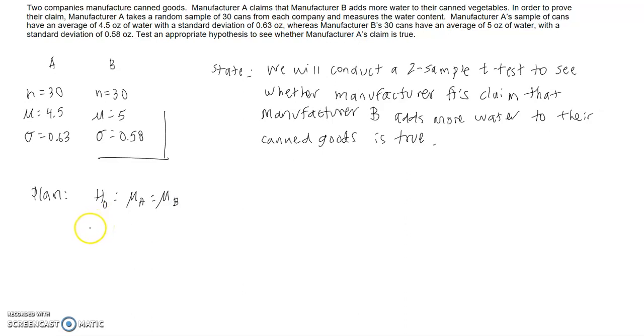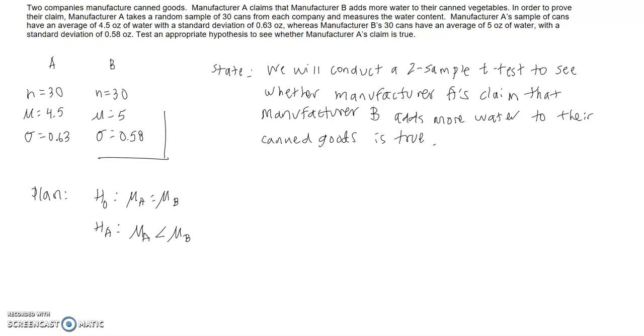And our alternative hypothesis, which is what manufacturer A is claiming, would be that manufacturer B adds more water, therefore the average for A is less than that of B.